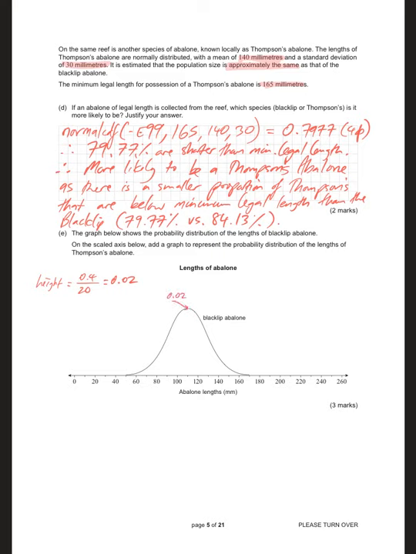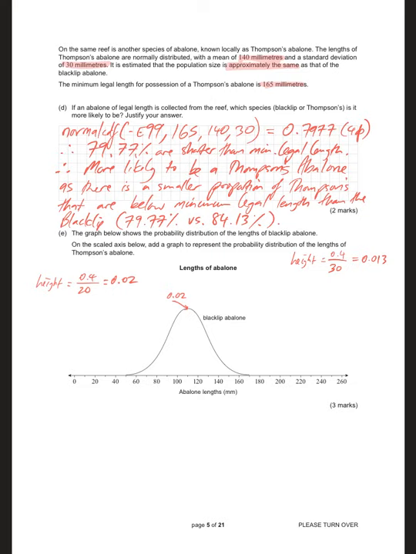What's the height of the Thompson's? Height is equal to 0.4 over, now it's 30, 0.4 divided by 30, 0.013.